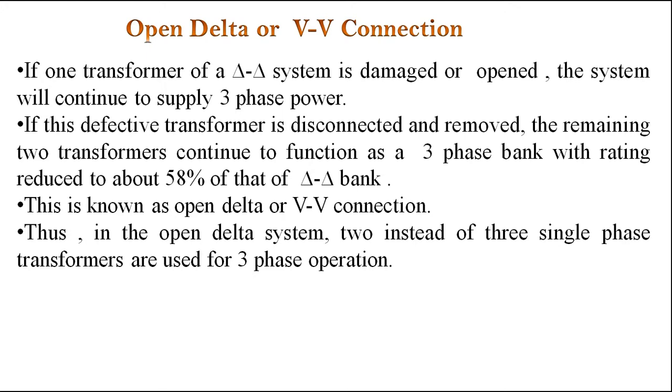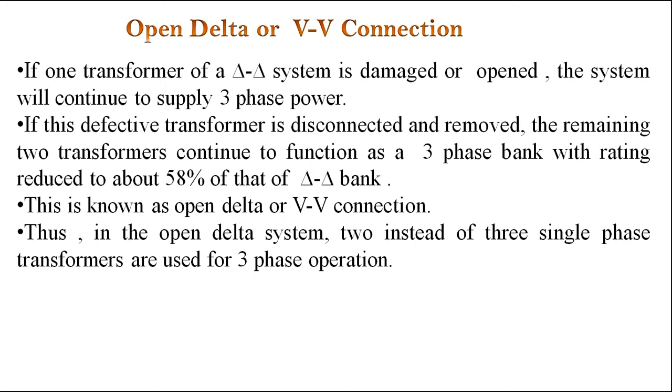If this defective or faulty transformer is disconnected and removed, the remaining two transformers continue to function as a three-phase bank with rating reduced to 50% of the total delta bank.